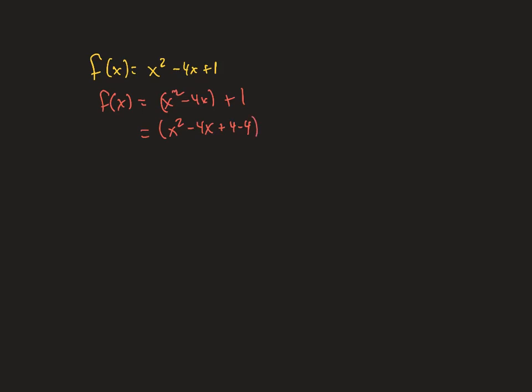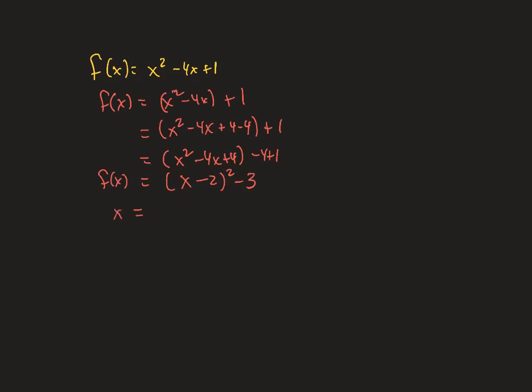Okay? This one. Remove the minus 4. There's nothing really to multiply by it, so it just goes out. This is now a perfect square, so I can write this as x minus 2 squared, and this is now minus 3. So we are now in vertex form. Now you want to switch your x with your y.